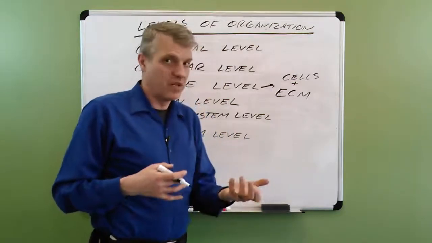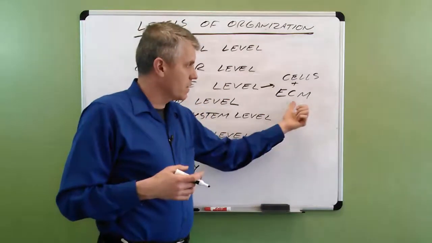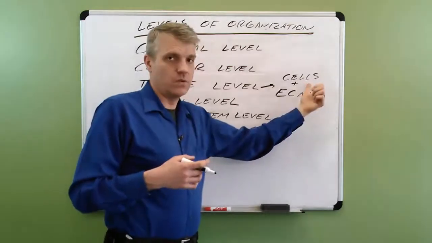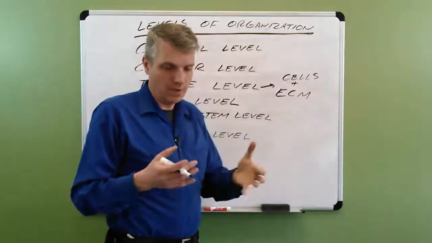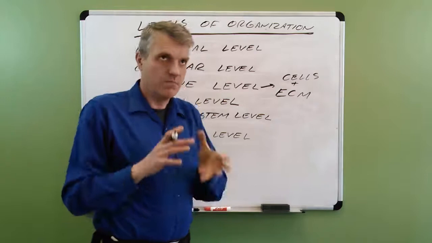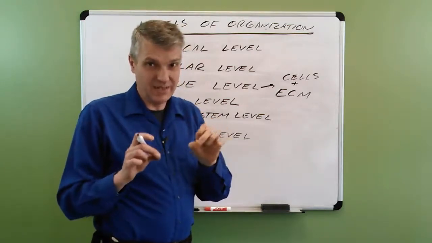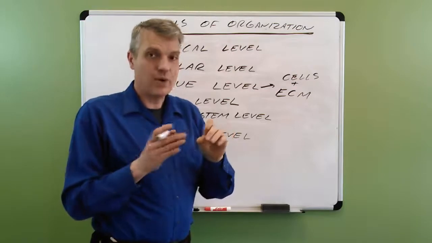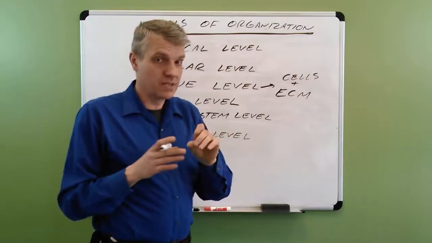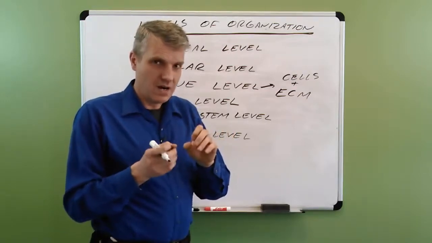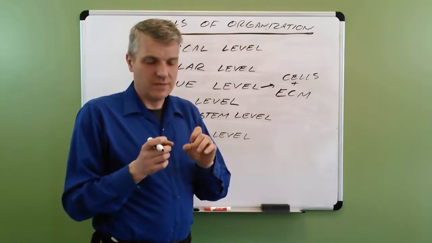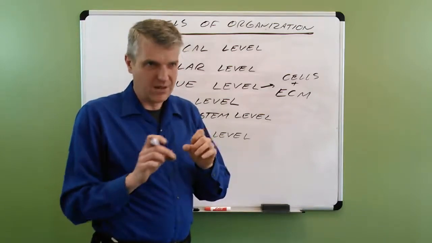And usually, but not always, the extracellular matrix is made by the cells that live in the tissue. Example, bone tissue is mostly made up of osteocytes. Those are the cells that live in the bone, separated by an extracellular matrix that is a hard calcium phosphate matrix called hydroxyapatite.